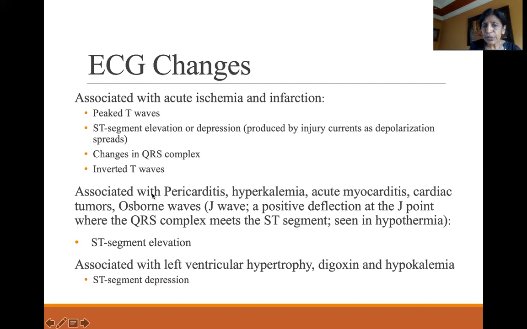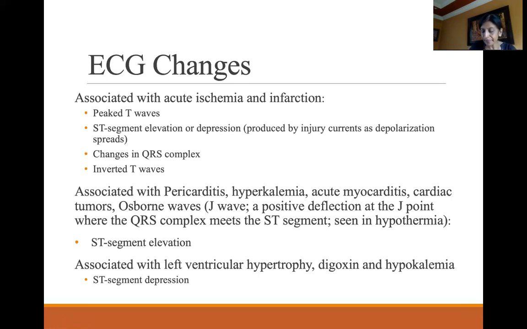Now, associated with pericarditis, hyperkalemia, acute myocarditis. So you have a bunch of conditions here: cardiac tumors, Osborn waves. This is basically J wave. That is the point, J point is right in between the QRS complex and the ST segment.